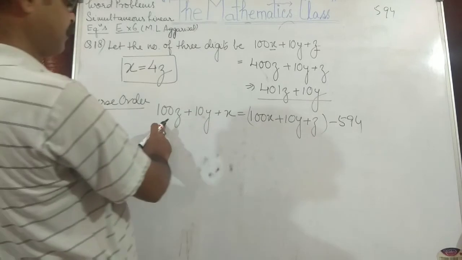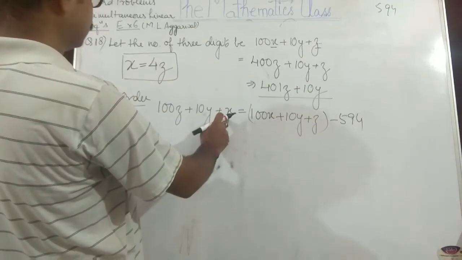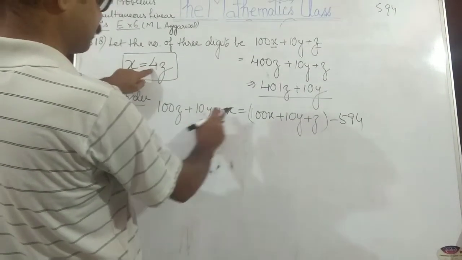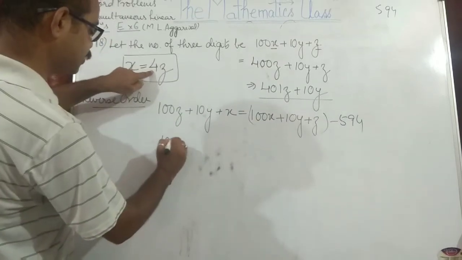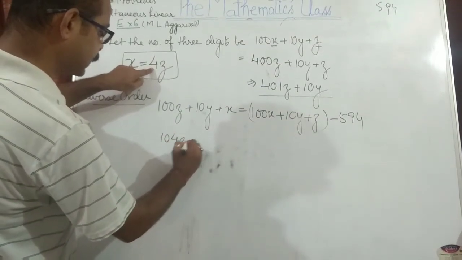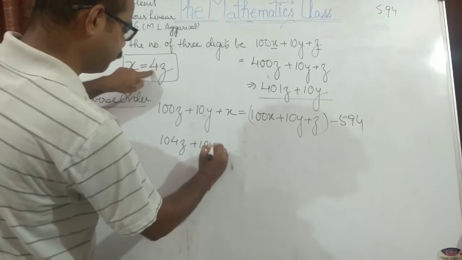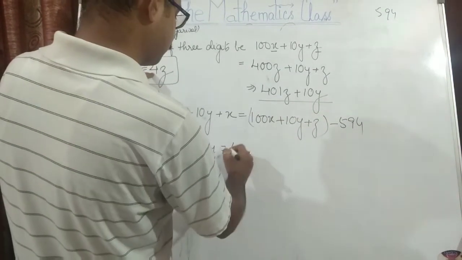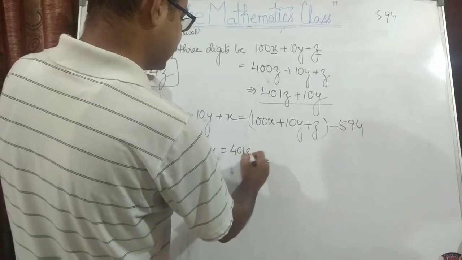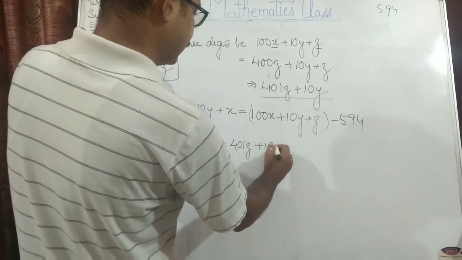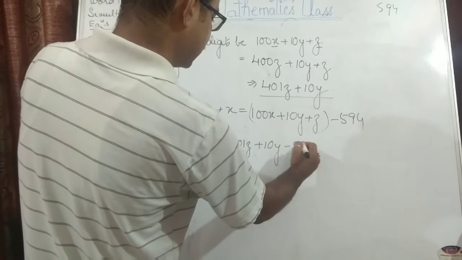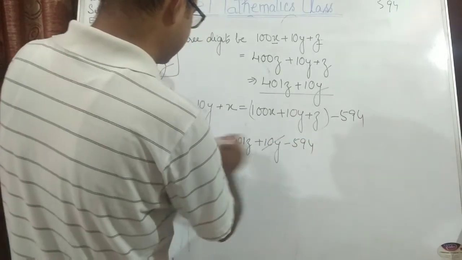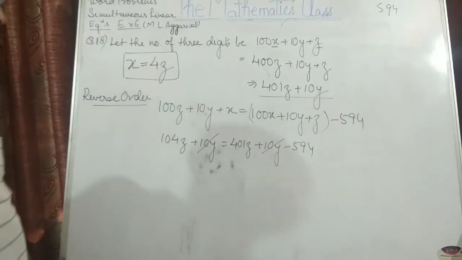Now 100z, and x is what? 4 times z, so 100 plus 4, that is 104z plus 10y is equal to 401z plus 10y minus 594. So 10y is on both sides, it gets cancelled.